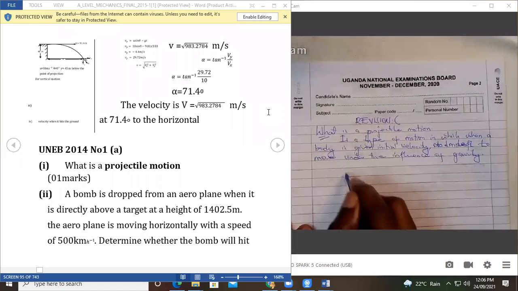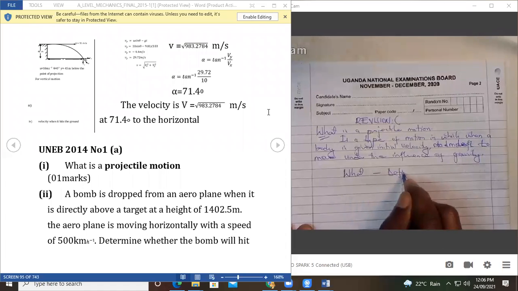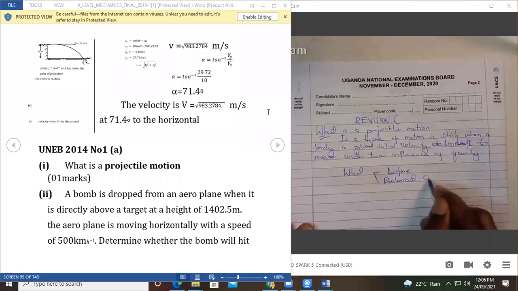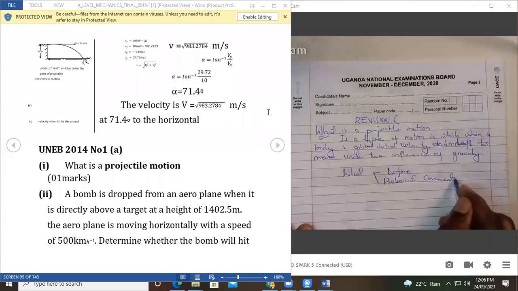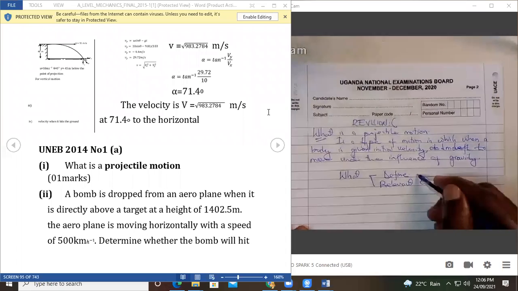Now, when the question is what is, you define and then give me relevant what? Comments. Which comment are you going to give me? You have already defined.